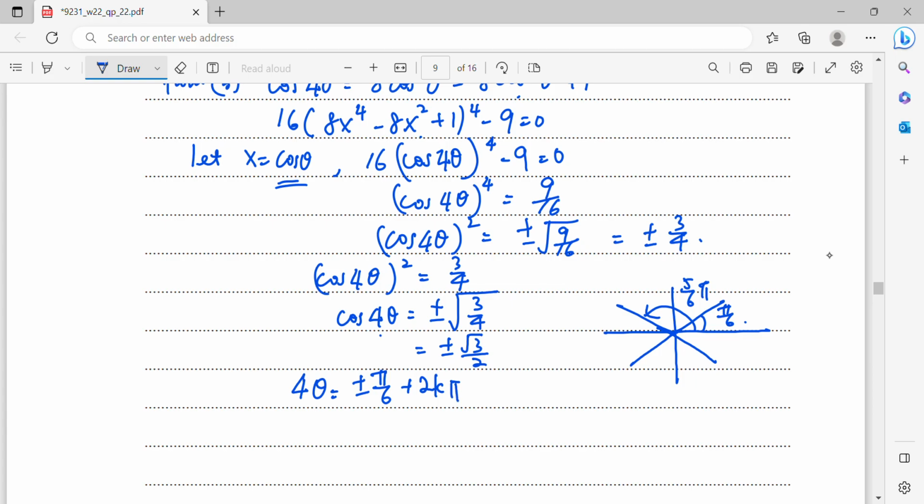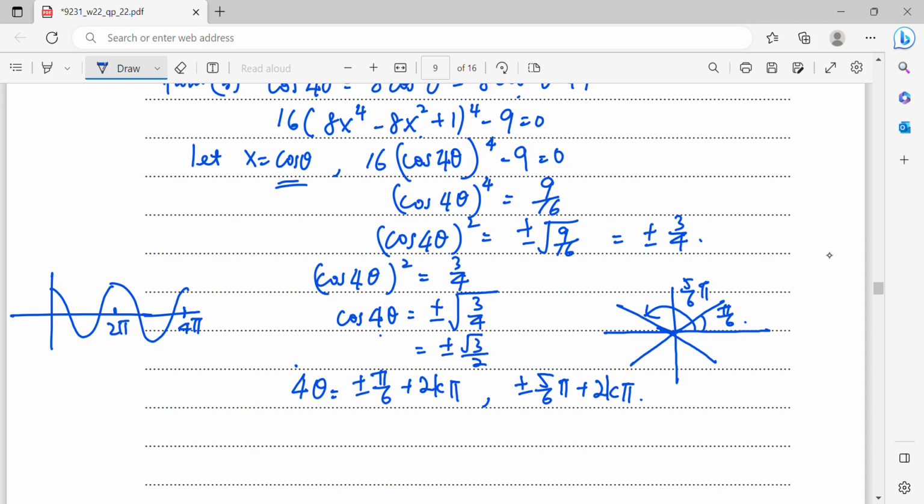We use plus 2k pi here because for the cos theta graph, it is repeating every 2 pi units. That's why we consider the next cycle, it will be 4 pi. So one cycle is 2 pi, then k depends on the 4 theta here, so your k will be from 0 until 3. Another value will be plus minus 5 over 6 pi, then plus 2k pi.